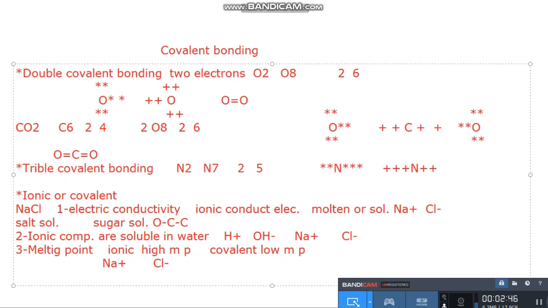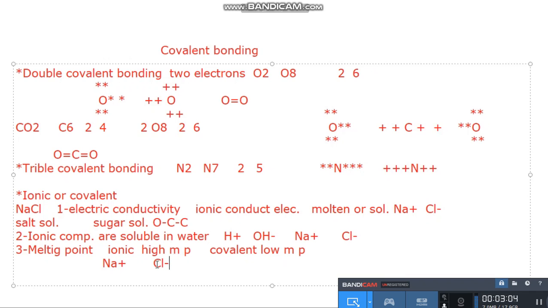So there will be a strong attraction force between the positive ion and the negative ion, and we need high energy to overcome this attraction force.